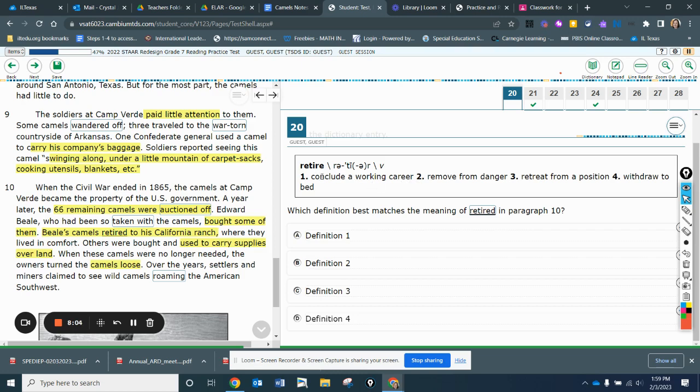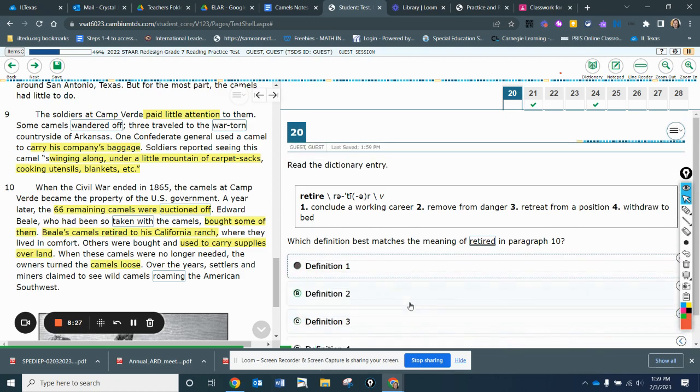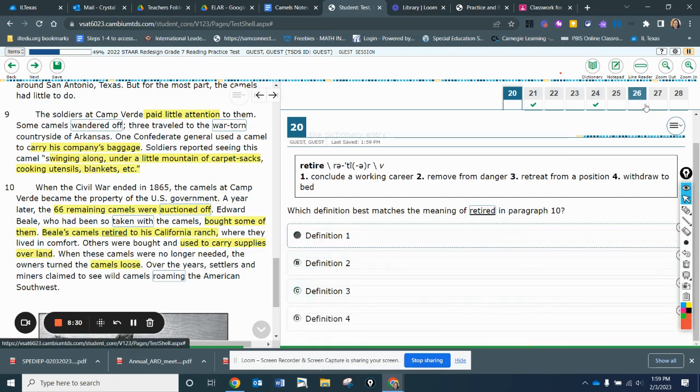I'm looking at that thinking that's a pretty good possibility because they were working all that time and then they ended up concluding it. Removed from danger? No, they were never in any danger. Retreat from a position? What position? I don't know what position it's talking about. Withdraw to bed? Well, that's the silly one. Of course, they didn't withdraw to a bed. And so, of course, this one's easy too when you read carefully. It's definition one.